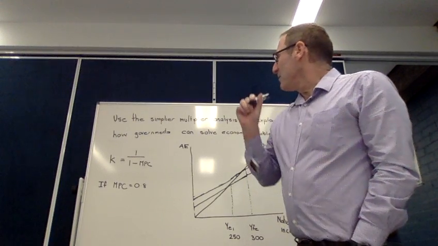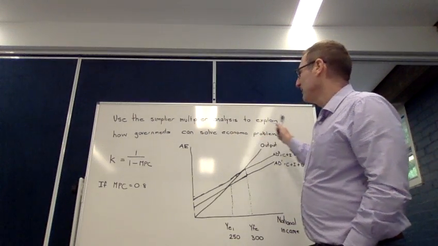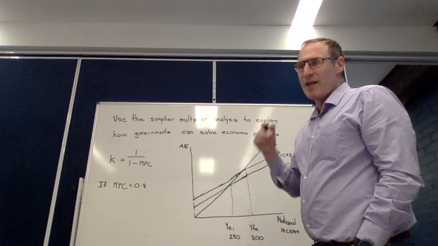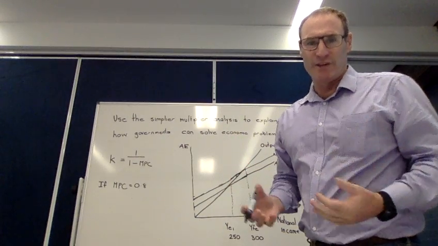Here we go. Today we're looking at this dot point called use simple multiplier analysis to explain how governments can solve economic problems. So that is one of the skills. It's not in the content section, it's in the skills section.